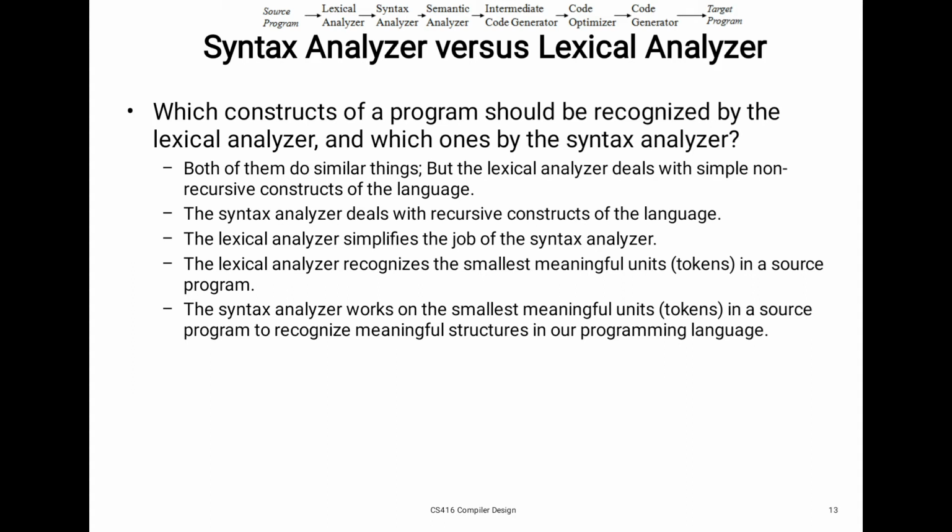Next, what is the difference between the syntax analyzer and the lexical analyzer? Which constructs of the program should be recognized by the lexical analyzer and which by the syntax analyzer? Both do similar things, but the lexical analyzer deals with the simple, non-recursive constructs of the language, while the syntax analyzer deals with the recursive constructs of the language.